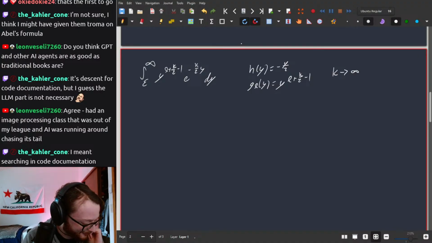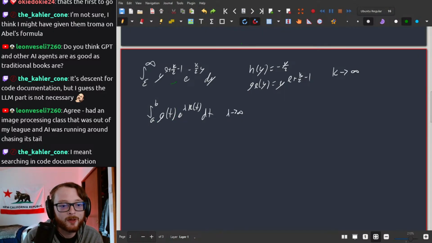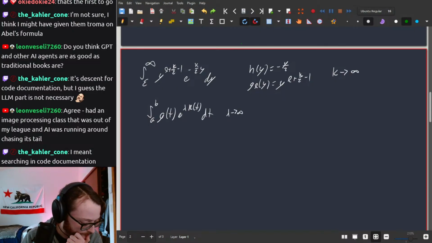The thing that I hate is that in class we learned the setup for Laplace's method was for an integral of the form a to b g of t e to the lambda r of t dt as lambda goes to infinity. The thing is, this is g of just t, but I think my g of t has a k inside of it, and k is my lambda. So, does it still apply? I don't know. I feel like it shouldn't, but apparently it does.